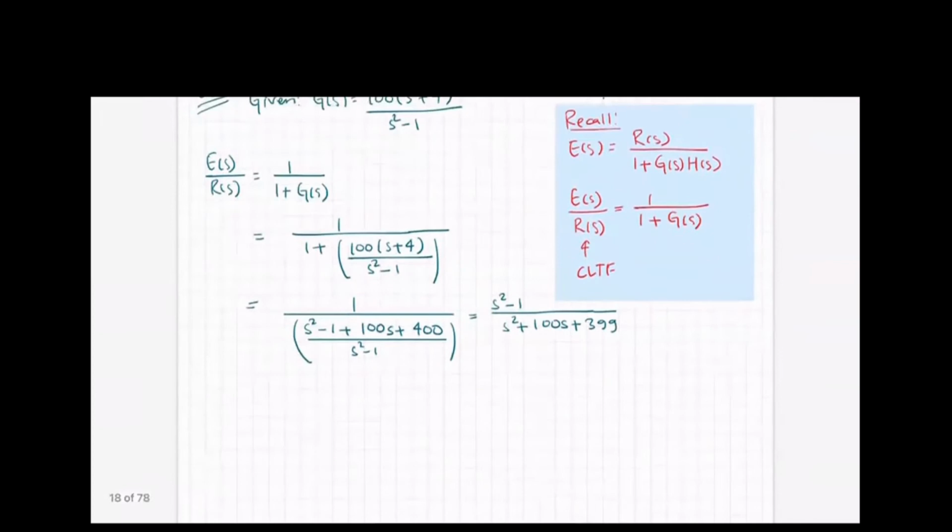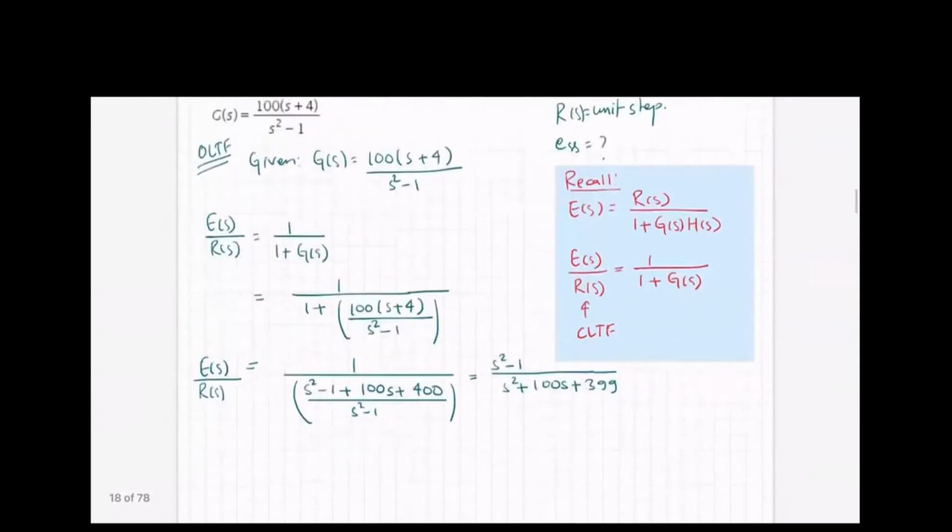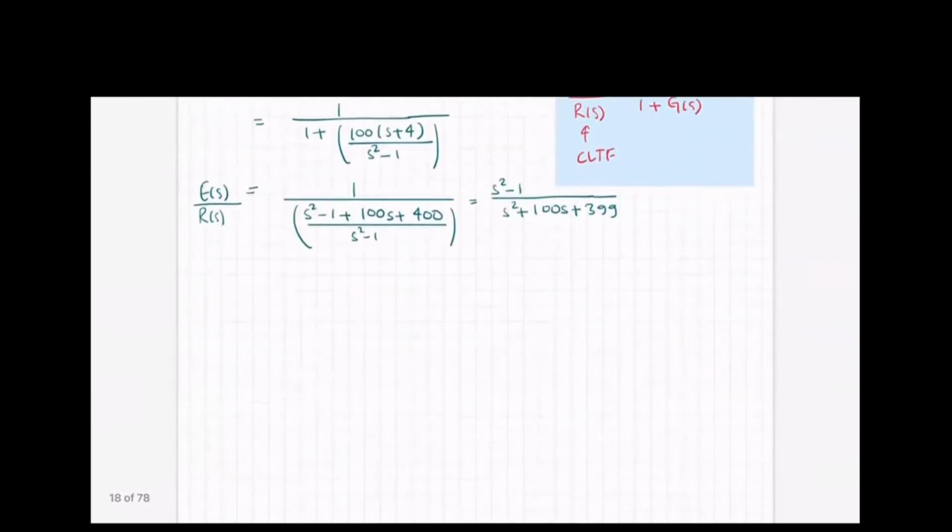So now that I have E of S over R of S equal to that expression, the question is asking us to find the steady state error, and recall that the steady state error can be calculated as this.